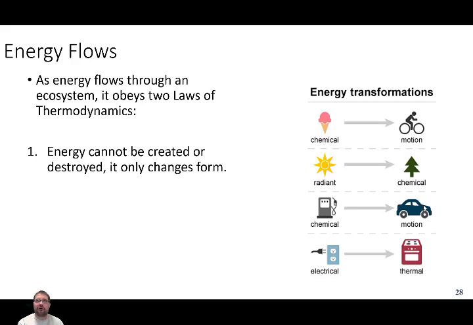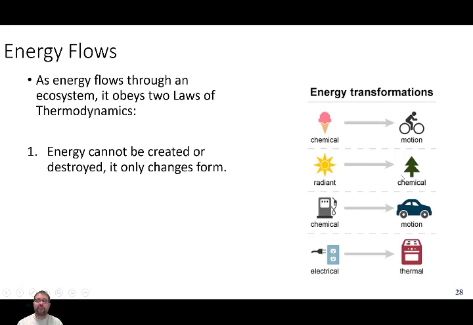Okay? The first law of thermodynamics is that energy cannot be created nor destroyed. It only changes form. Okay? So it is often stated that plants are creating energy, but they're not creating energy. They're transforming energy. The energy is coming from photons, from the sun.